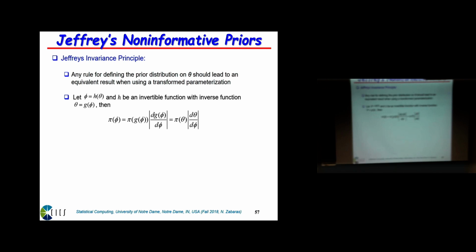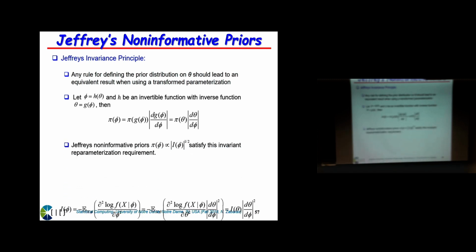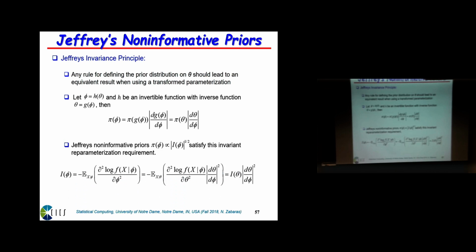You remember the probability mass has to be preserved. So how do we know that the Fisher information actually satisfies this? Well, when you read it on the slides, with a simple change of the differentiation from phi to theta, you actually get this equation for free. So that's a very nice embedded thing. This parameterization is accounted for inside this Fisher information.